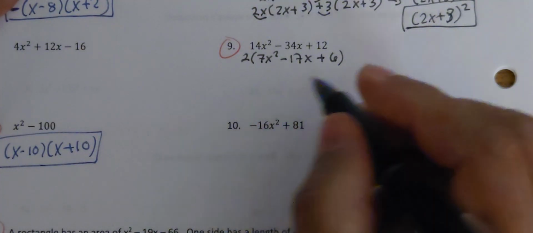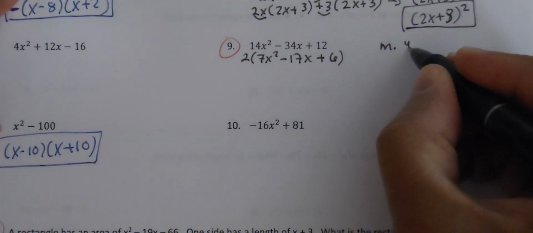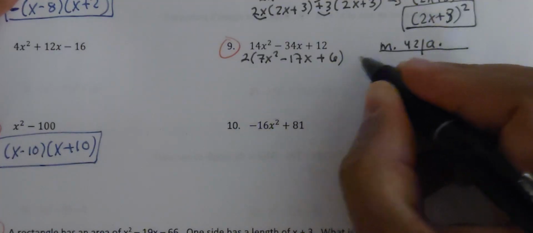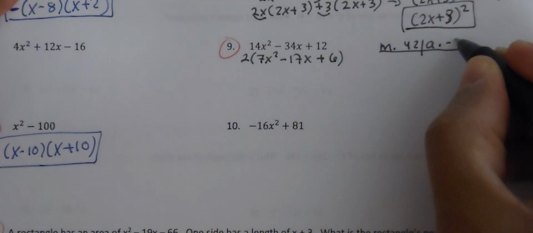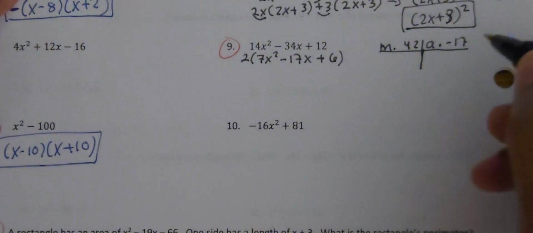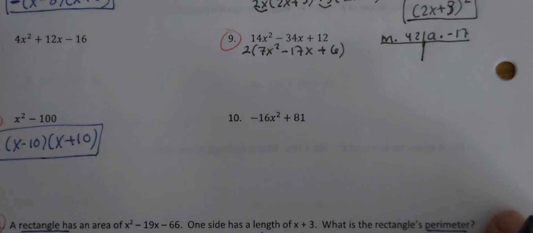Again, a is not 1, so let's find multiples of a times c, 7 times 6, which is equal to 42. And then from those multiples, find the ones that when we add them, they add to a negative 17. Okay, which means if they add to positive 42 and not to negative 17, they both have to be negative. So the question is, which numbers are those?